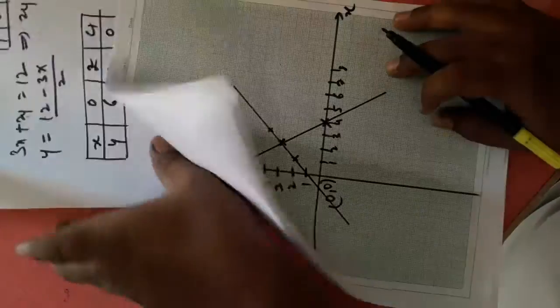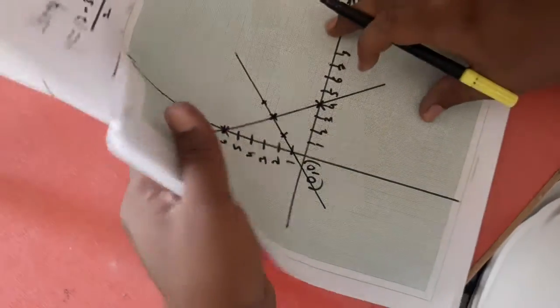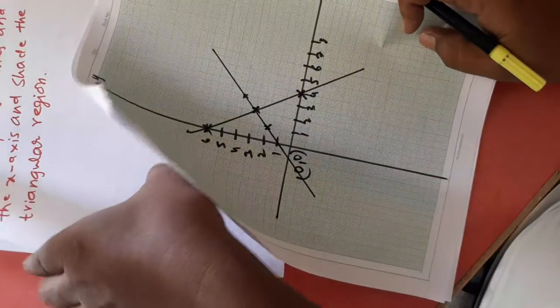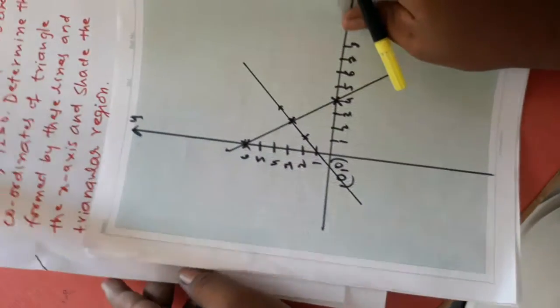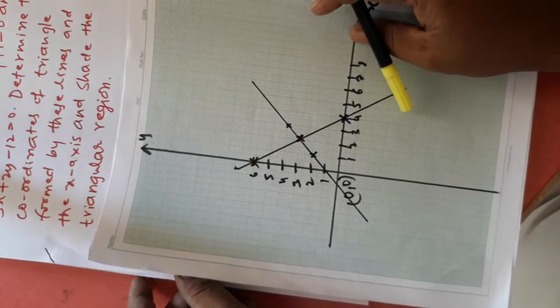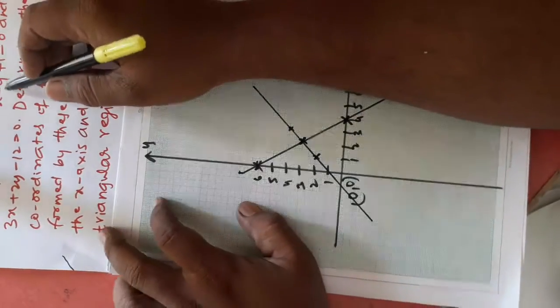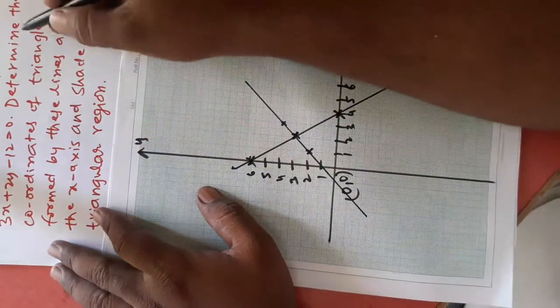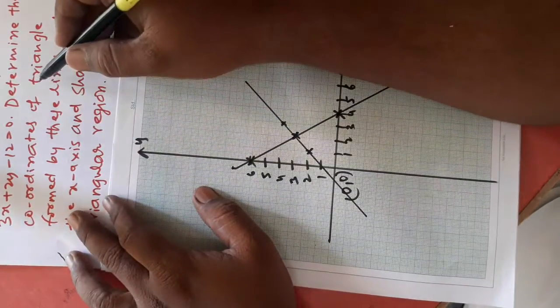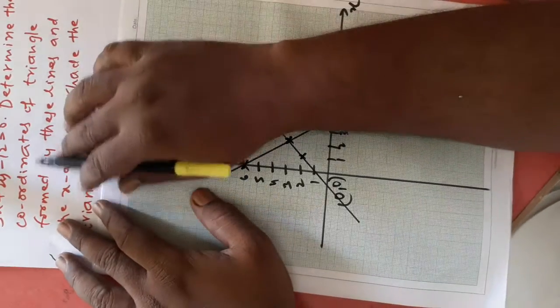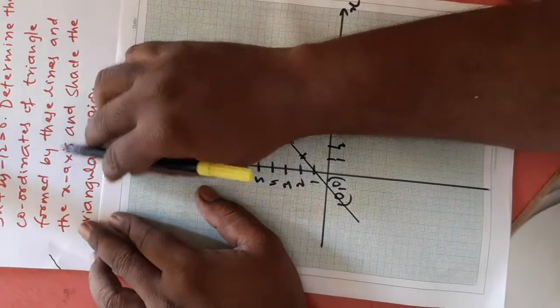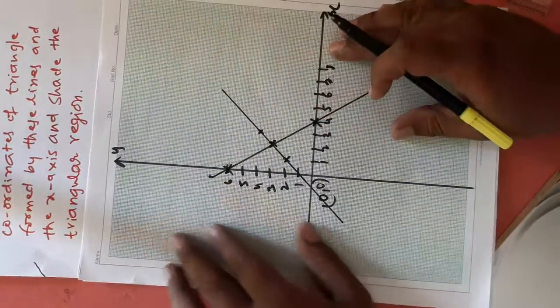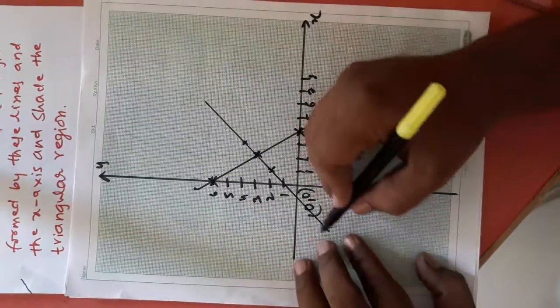So what is asked in the question, you see? Initially they told that you should draw the graphs of these two lines. Determine the coordinates of the triangle formed by these lines and x-axis, not y-axis.